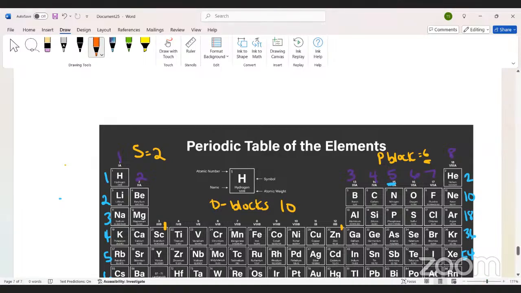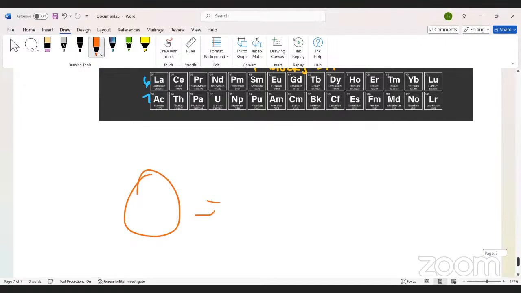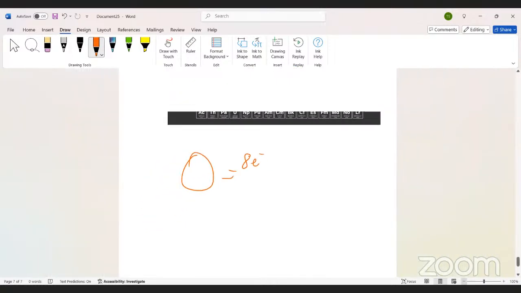Oxygen has 8 electrons. Because it has 8 electrons, you also need to tell me what period it is in.